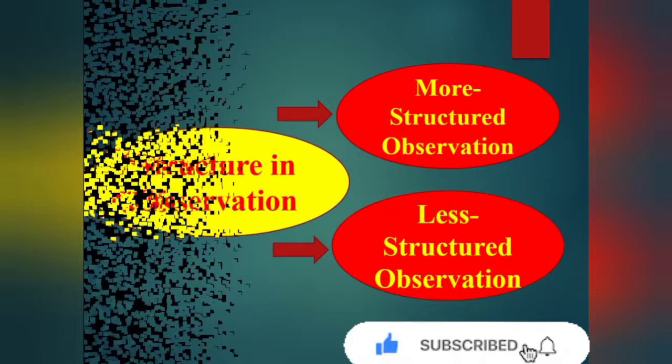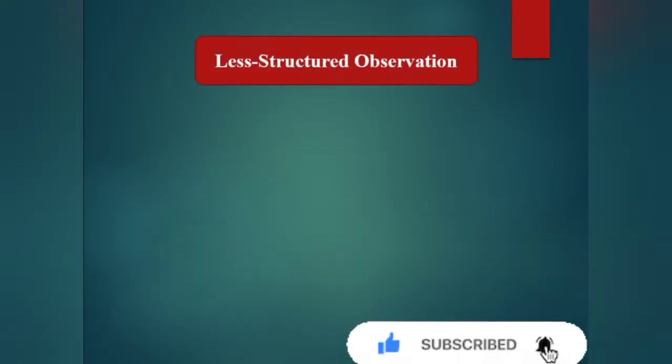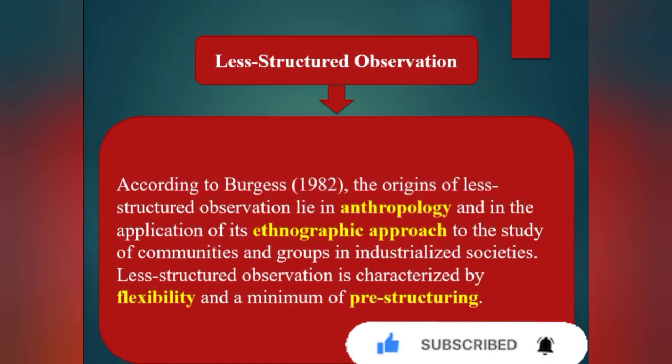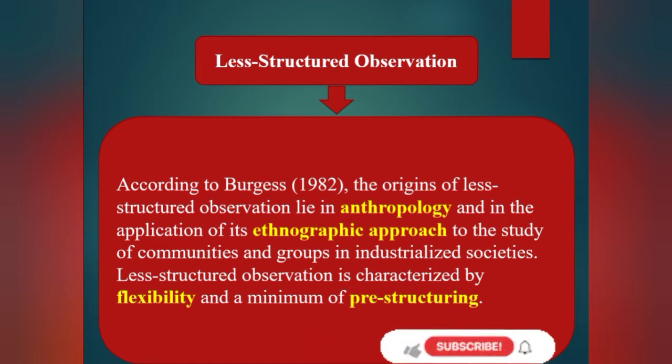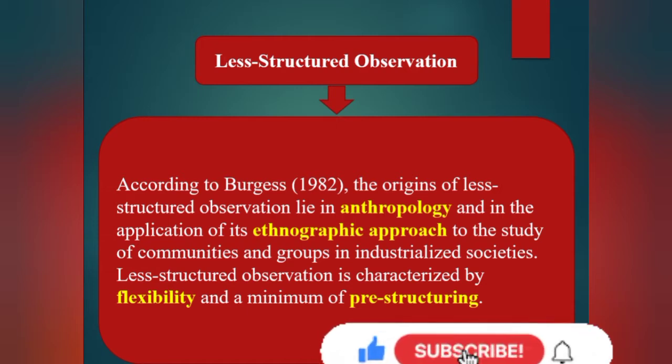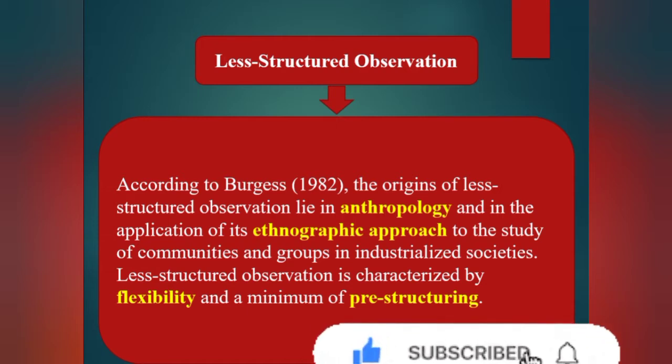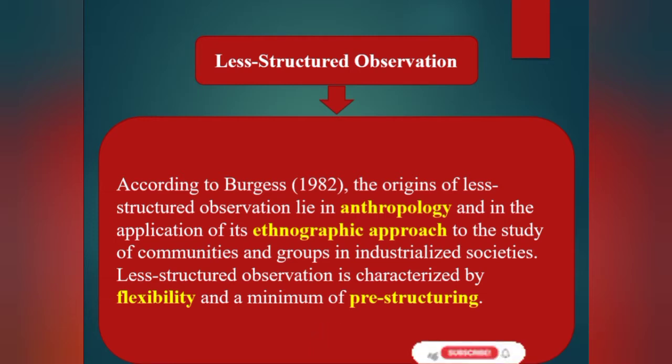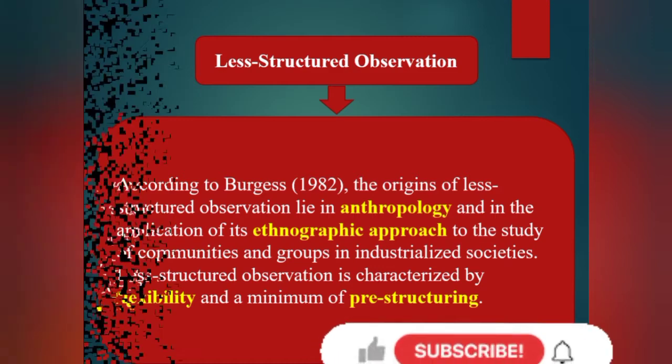Less structured observation. According to Burgess, 1982, the origins of less structured observation lie in anthropology and in the application of its ethnographic approach to the study of communities and groups in industrialized societies. Less structured observation is characterized by flexibility and a minimum of pre-structuring.